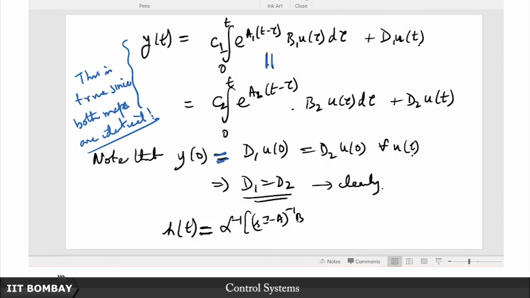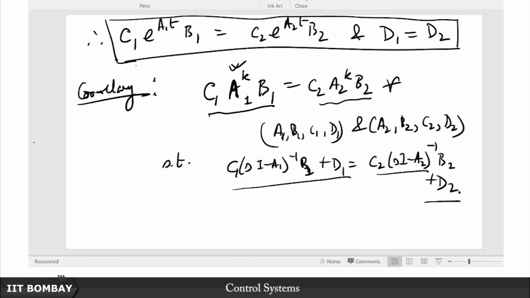It is going to be the Laplace inverse of C (sI minus A) inverse B plus D. So obviously it will contain an impulse because of the constant term D. But if you are interested in the time response beyond t equal to 0, then for all practical purposes this is going to give us back that old fellow C e to the power At B, and D contains only that impulse, so beyond t equal to 0 it does not have any effect. So this is all there is to the impulse response of the system.